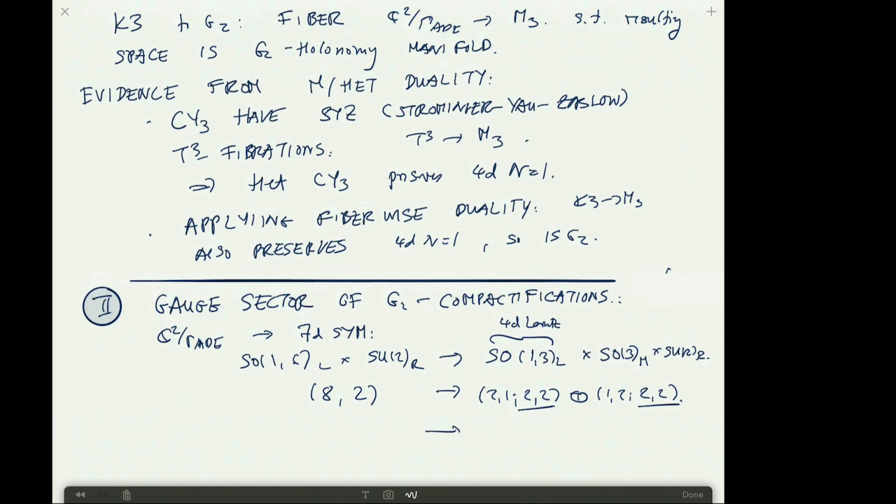We have to do what you always have to do in this sort of situation to preserve supersymmetry. You have to twist: identify these two groups, or better, redefine what you mean by the local rotation group along M3. Twisting means we identify a diagonal of the SO(3)s, and the decomposition then gives us 1 plus 3, and 1, 2, 1 plus 3.